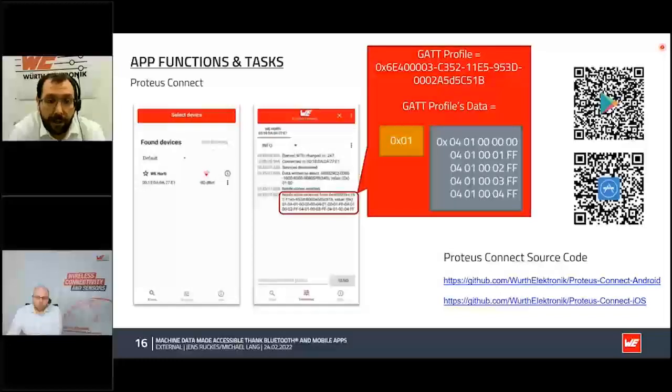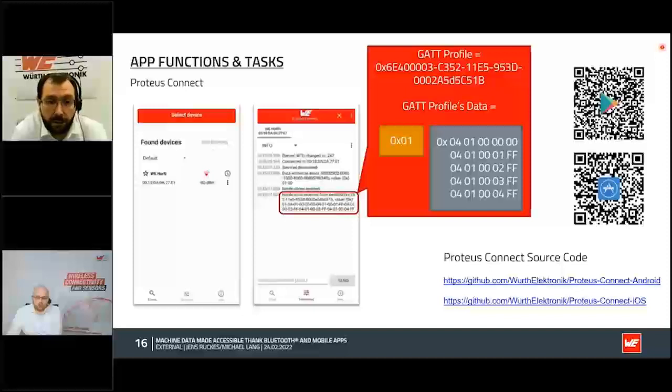Unless you have a GATT profile that's defined by the Bluetooth SIG, and therefore to be used by anyone who uses that number or protocol, everything else is manufacturer specific. So you can't easily take manufacturer A and manufacturer B and let them talk with each other.